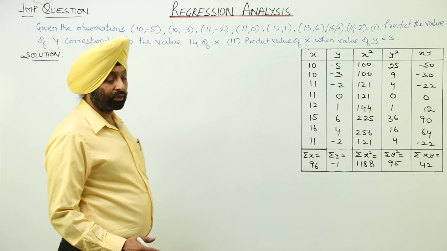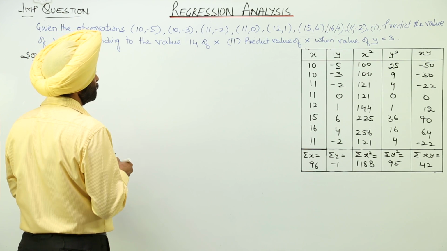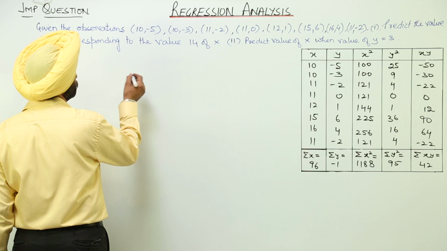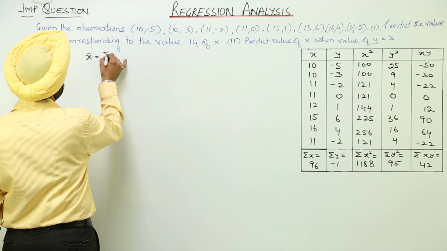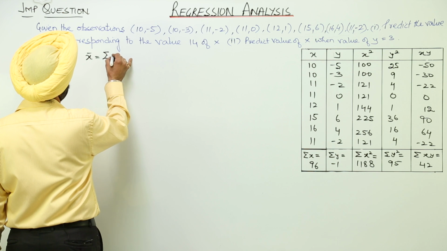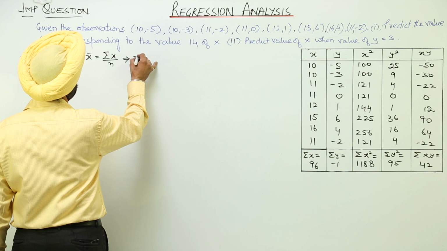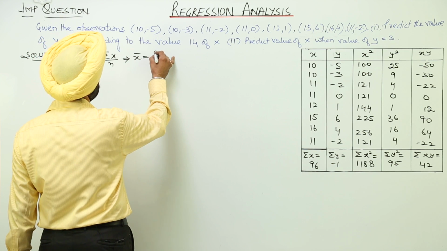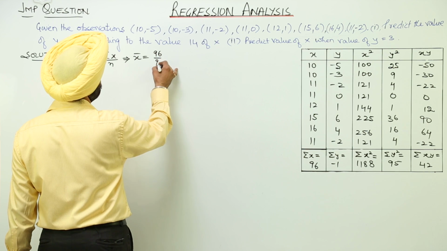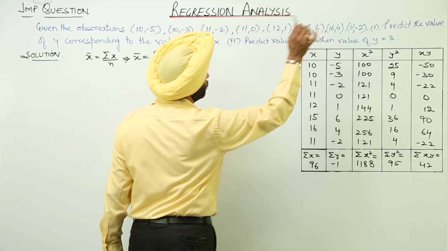Now, let us find the terms. First of all, x mean is equal to summation of x upon n. Now, this is equal to 96 upon n, which is 8. You can just count it 1, 2, 3, 4, 5, 6, 7 and 8.